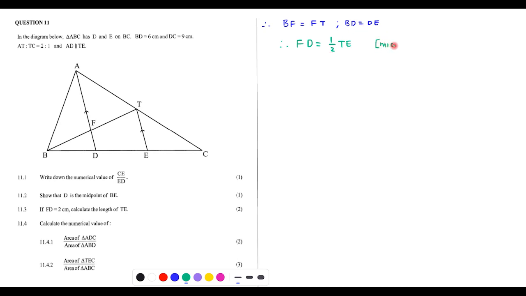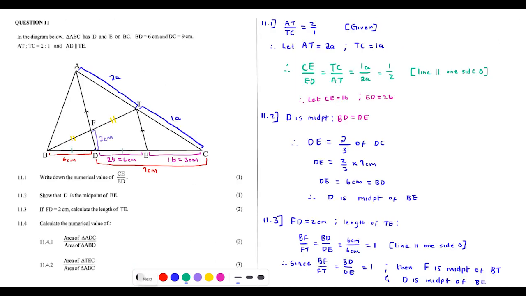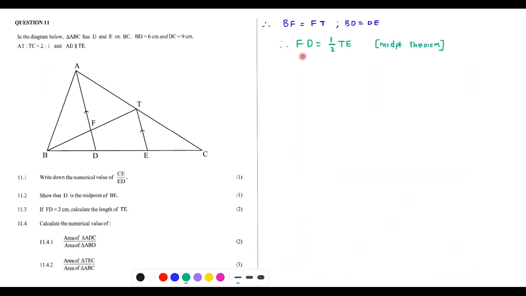As you can see, we had FD as 2 centimeters, so 2 centimeters equals TE over 2. Cross multiply, 2 times 2 centimeters gives you TE, and therefore TE is equal to 4 centimeters, and that is the length of TE.